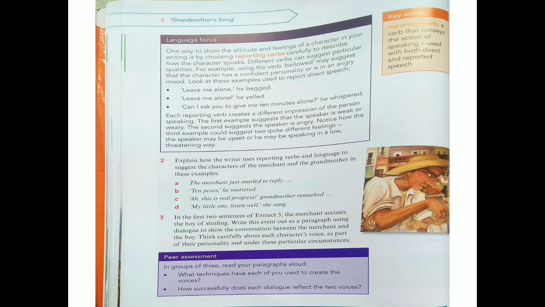Okay. Now, 3. In the first two sentences of extract 5, the merchant accuses the boy of stealing. Write this event out as a paragraph using dialogue to show the conversation between the merchant and the boy. Think carefully about each character's voice. So, there you'll have to think about what reporting verbs you are going to use as part of their personality and under these particular circumstances.